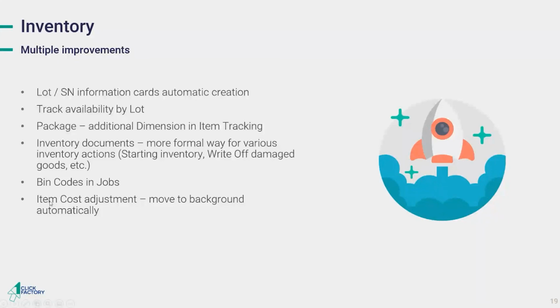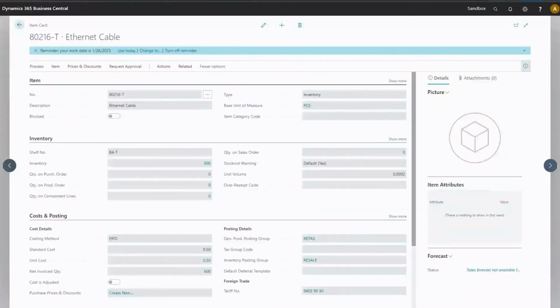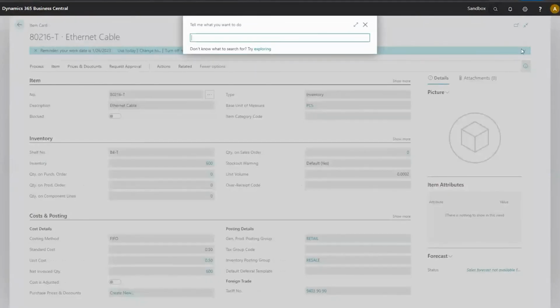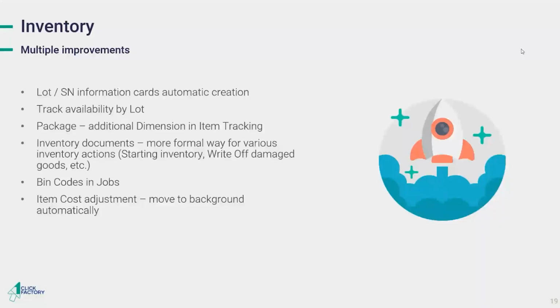Also, bin codes are added to jobs planning, and you can use them. And finally, not the biggest change, but a really neat one: you can move item cost adjustment automatically to the background without creating crazy schedules or queues.